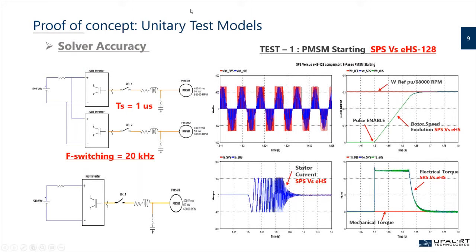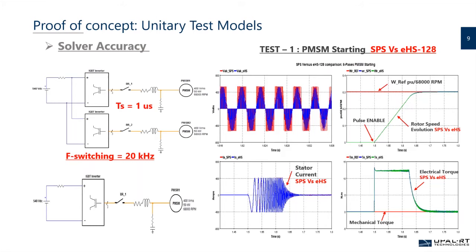Here we give a sample of results by simulating the MTC circuits, which consist of a 12-IGBT inverter here that is driving 6-phase, or two 3-phase, PMSM motors. Here we show another example of the MTC circuit with fewer IGBT switches. Here we show one of the dynamic tests that we have applied.